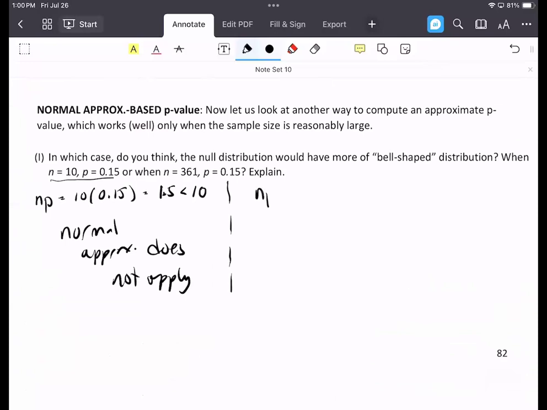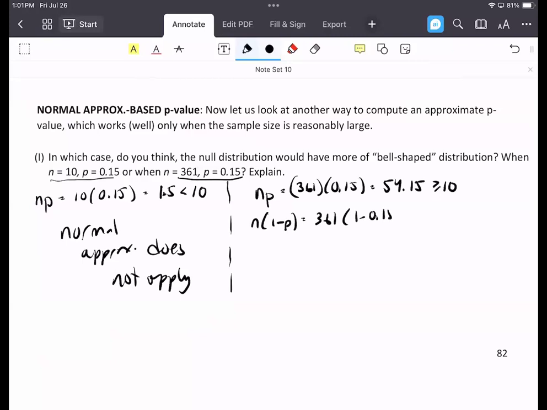Now let's try n times p in the n equals 361 case. We get 361 times 0.15, which is 54.15. That's definitely greater than or equal to 10. If I tried n times 1 minus p, I'd be multiplying by a bigger number, because 1 minus 0.15 gives me 0.85.